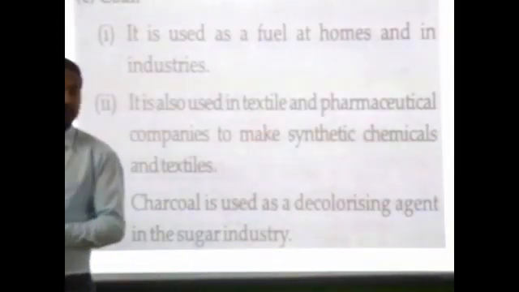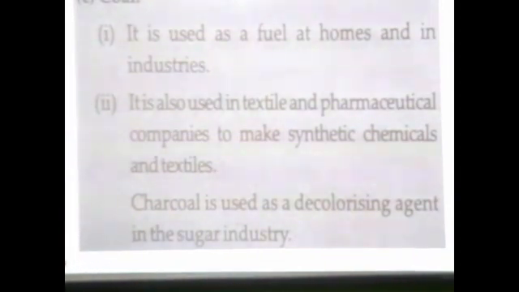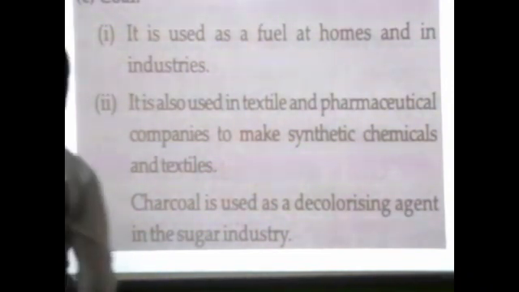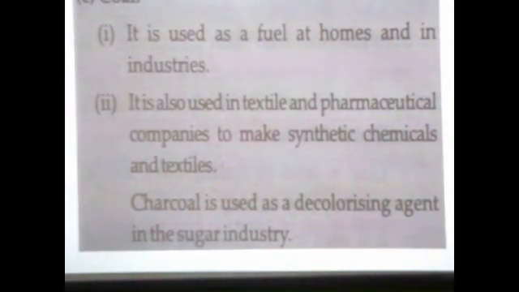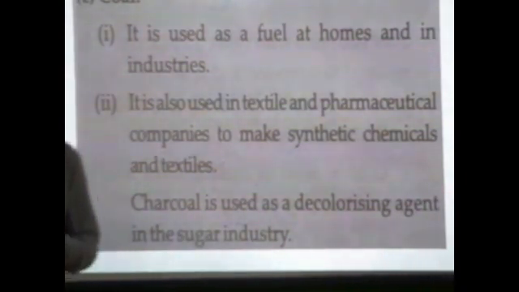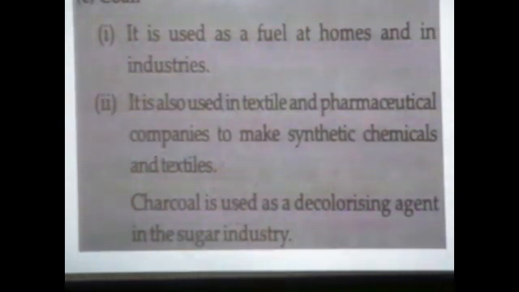Then coal. Coal is also a pure form of carbon. Number one, it is used as a fuel at homes and in industries. You are very much familiar with it. In the olden days, coal was used as fuel at homes and in industries.